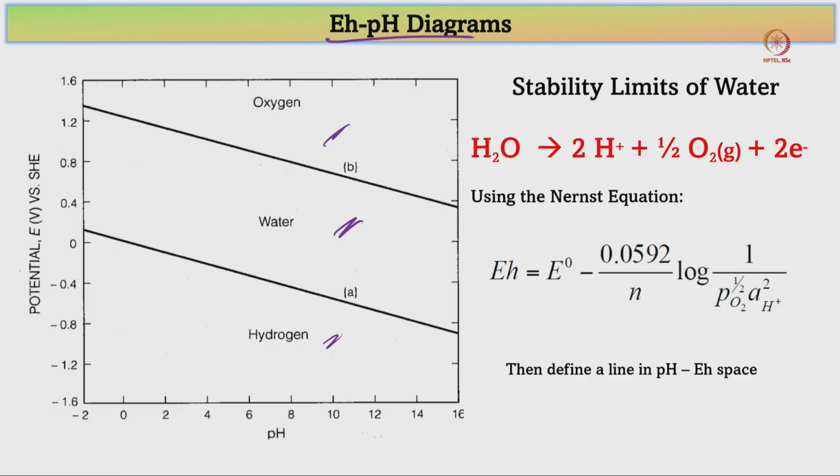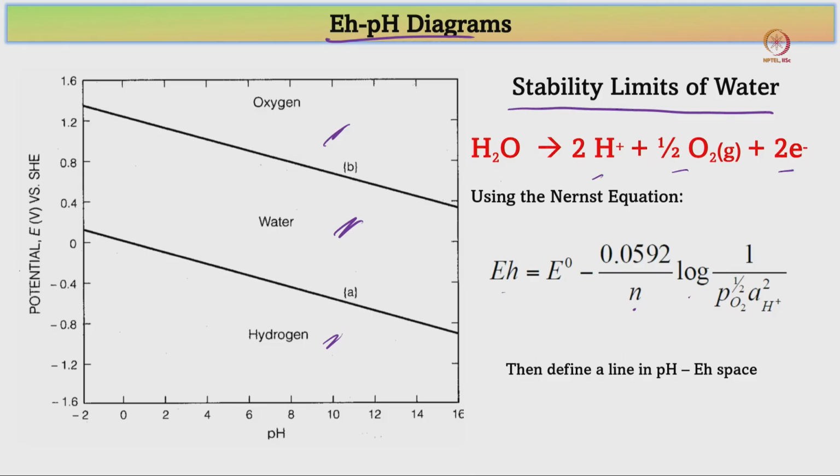So, let us determine how to find the stability limits of water. H2O, if it is unstable, is going to form 2H+ plus half O2 gas plus 2 electrons. Using the Nernst equation, we write EH = E0 - (0.0592/n) log(1/(pO2^(1/2) · [H+]^2)).